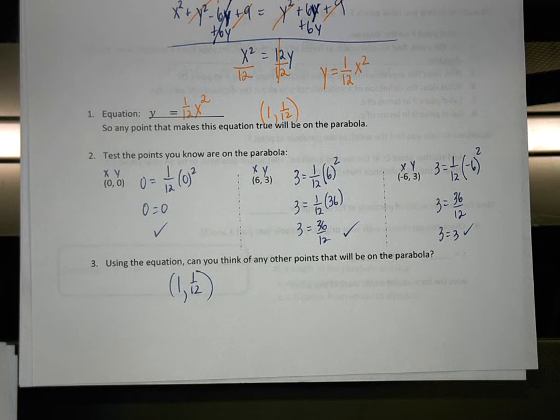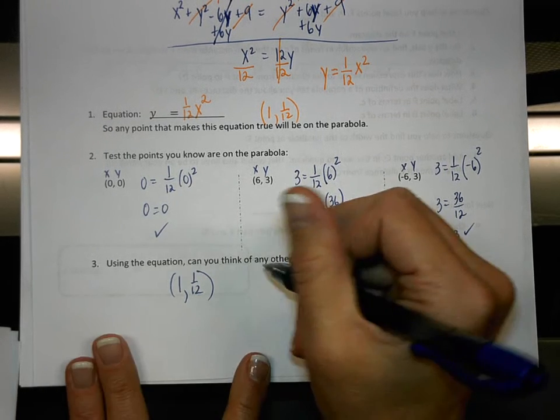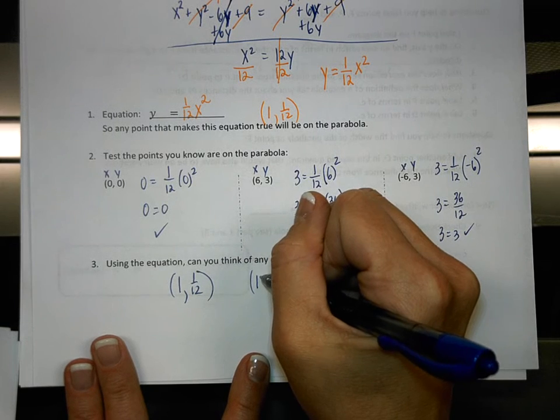You know what a good one to choose is? Like 12s. Because if you want them to be like whole numbers, if you choose a value of 12, it'll end up canceling out one of the 12s. And so if I were to use 12 for x, what would y end up being?